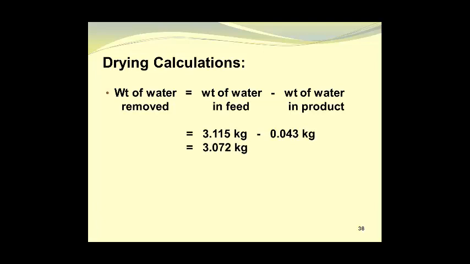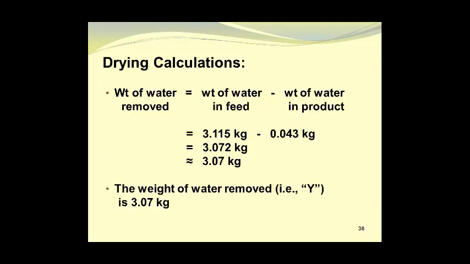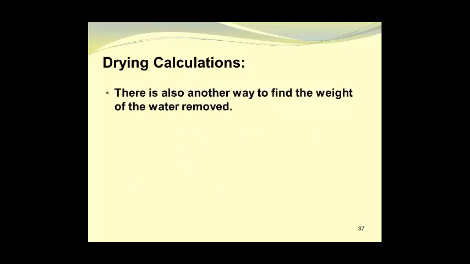So we have to remove 3.072 kilograms of water, which is approximately equal to 3.07 kilograms of water. So the weight of the water removed, which is Y, will be equal to 3.07 kilograms.